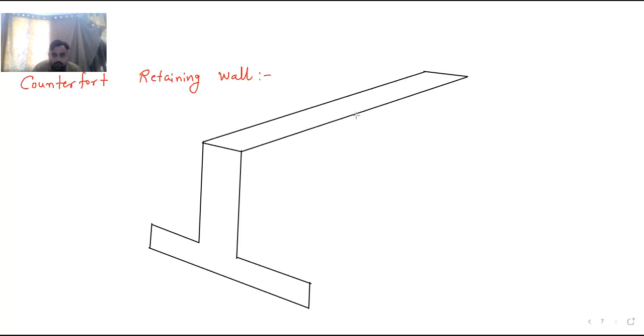So at this point here, the counterfort is like this, from this point, and this slab I will continue.